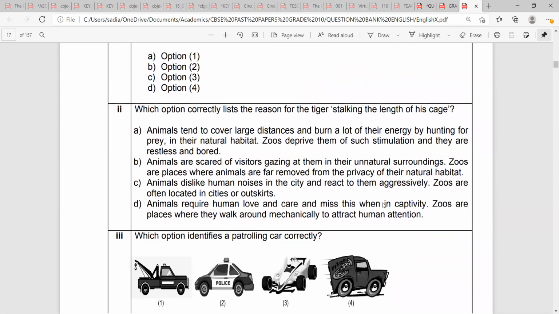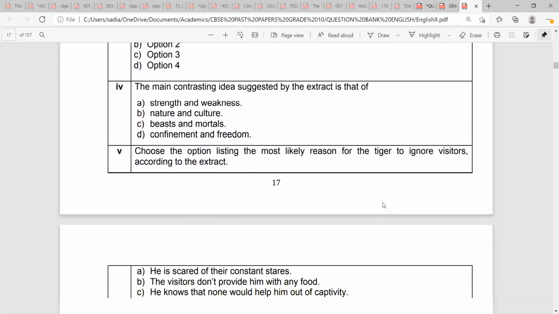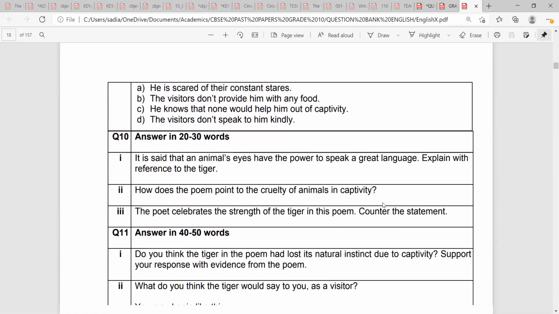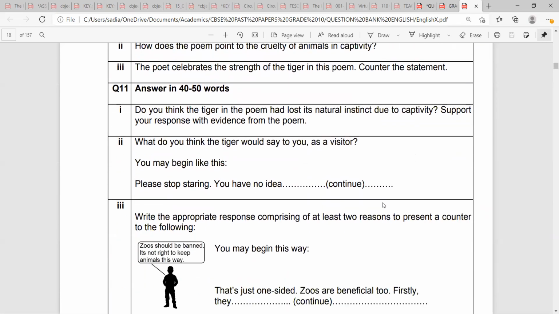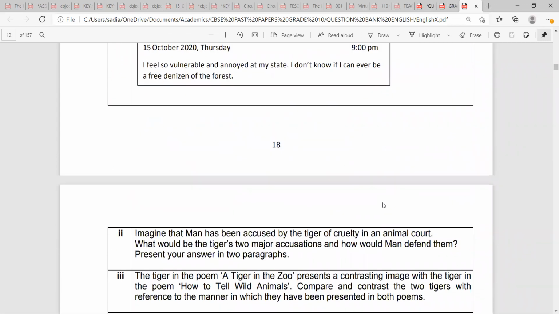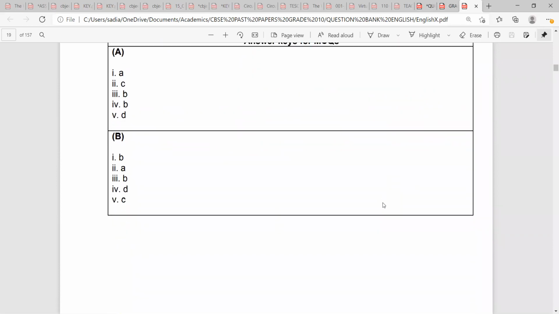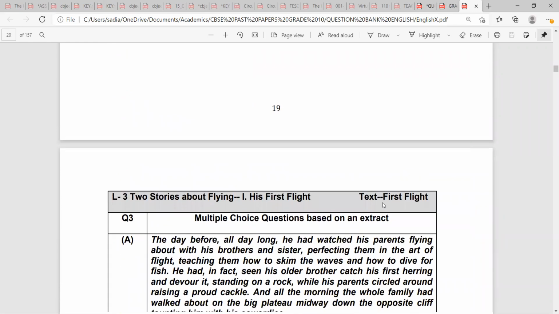Next question. MCQ answers. We proceed to the next questions.